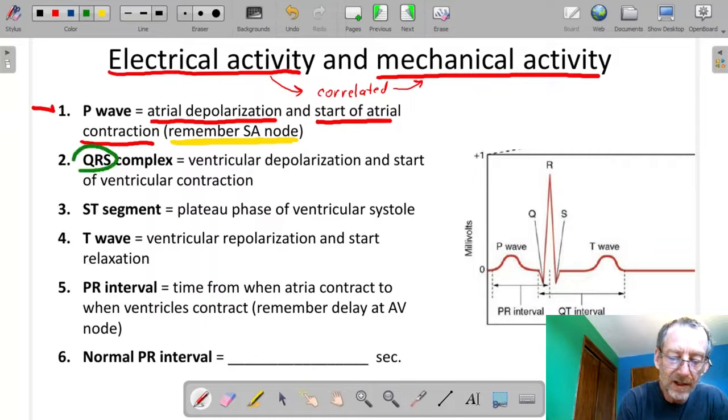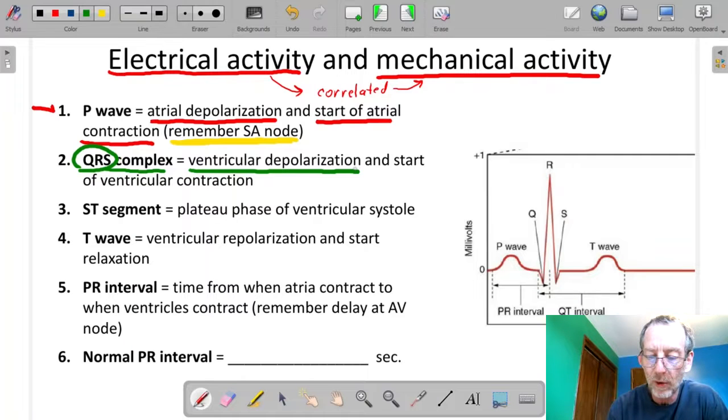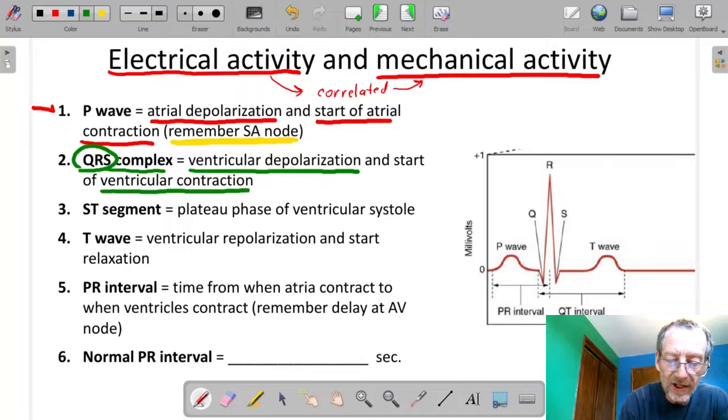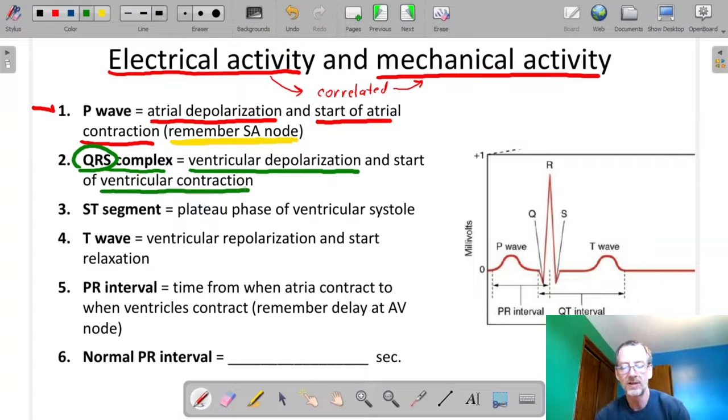So the QRS complex is the electrical activity of the ventricles depolarizing, and then that starts ventricular contraction. And then we have ventricular systole. Okay? So we're going in order. So we have the atria contract, and now we have the ventricles contract.